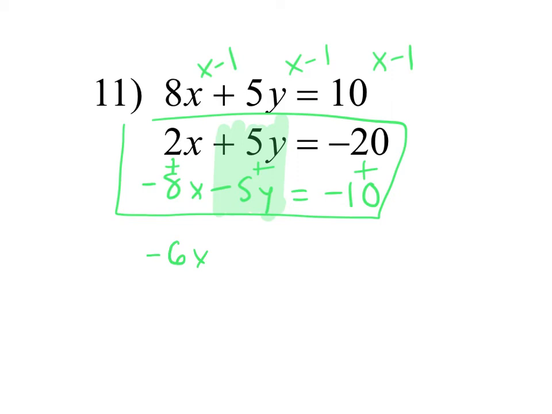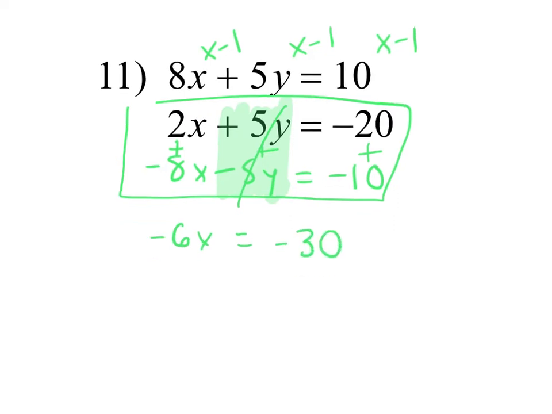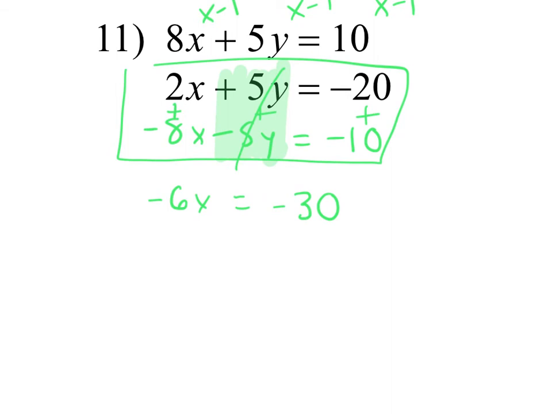What happens to 5y minus 5y? Cancels. And then negative 20 minus 10. Negative 30. What do we do next? Divide by negative 6. So x is equal to what? 5.